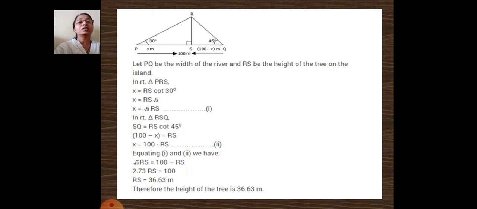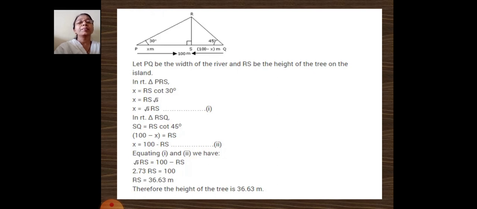So SQ is equal to RS times cot 45. But what is the SQ length? SQ is 100 minus x, is equal to, the value of cot 45 is 1, so that is equal to RS. Therefore x is equal to 100 minus RS. Give this as equation number 2.